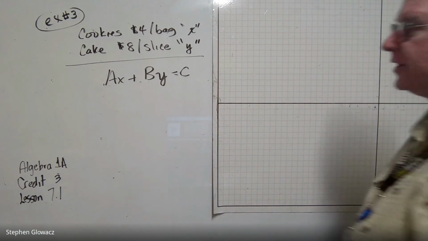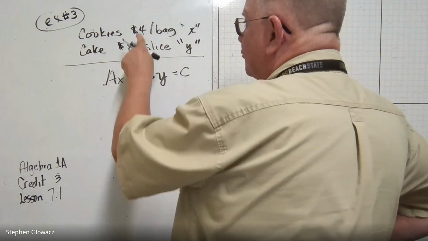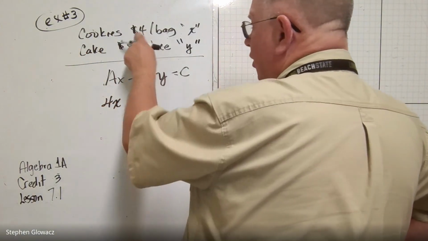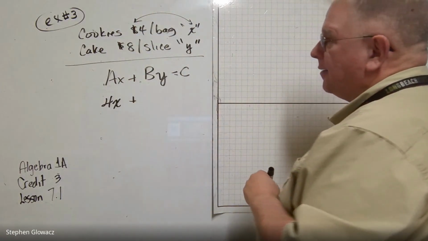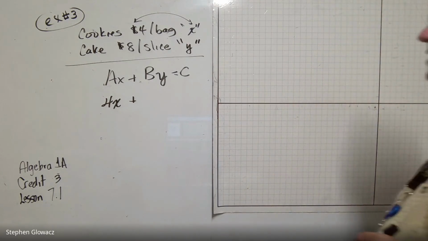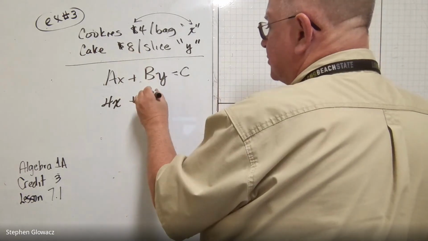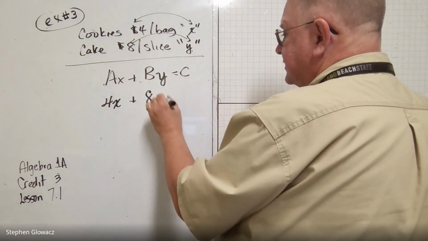So since the bags of cookies is going to be our X, the total cost for the cookies would be 4X. $4 per bag times the number of bags that we sell. Similarly, for the cake, it's $8 per slice of cake times the number of slices that we sell.